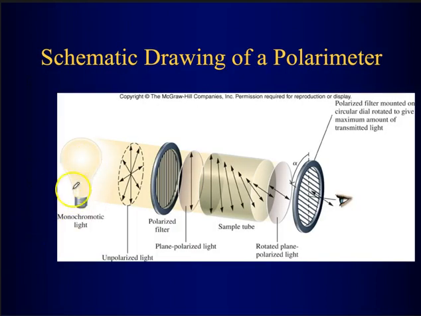So if we take just any light bulb, here's all of the directions of light, we shine it through a polarimeter, only one direction gets through, then we shine that through our solution. And when we do, we see that it is rotating that light a certain degree. So that's what a polarimeter does: it measures the degree of rotation of that polarized light.